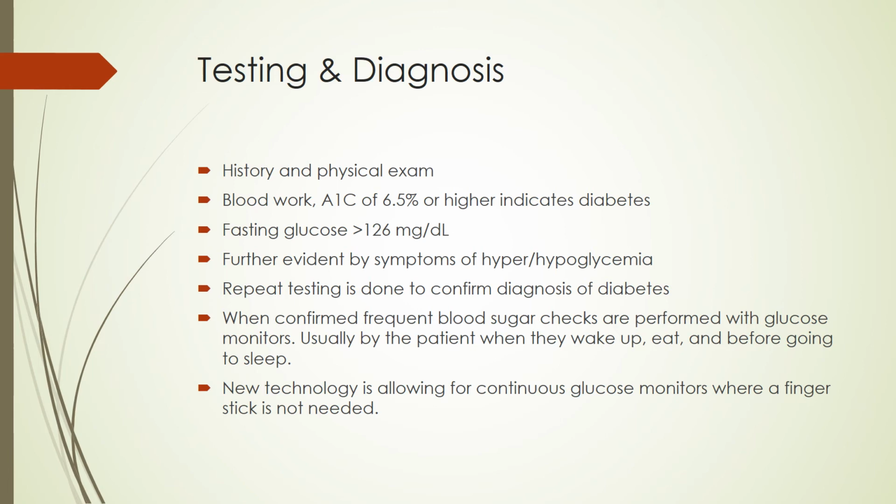Repeat testing is done to confirm diagnosis of diabetes. When confirmed, frequent blood sugar checks are performed with glucose monitors, usually by the patient when they wake up, eat, and before going to sleep. New technology is allowing for continuous glucose monitors where a finger stick is not needed.